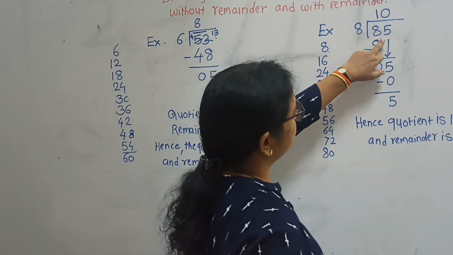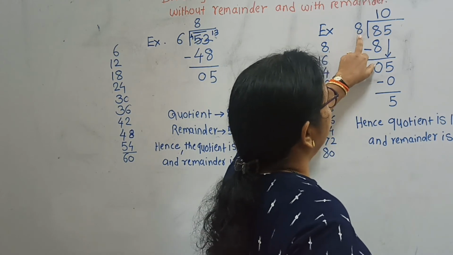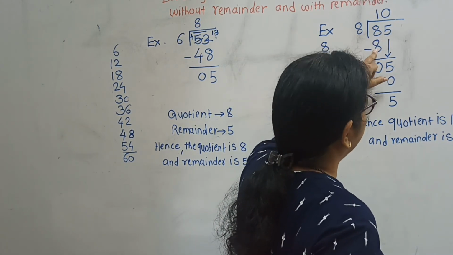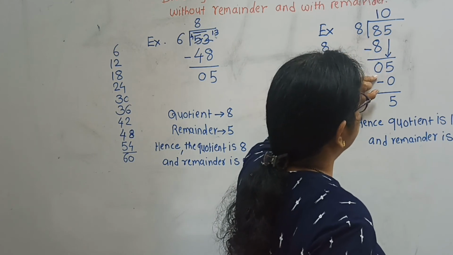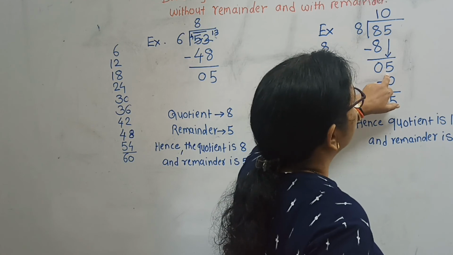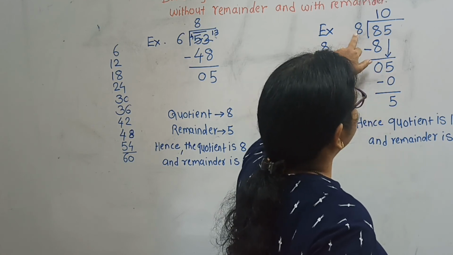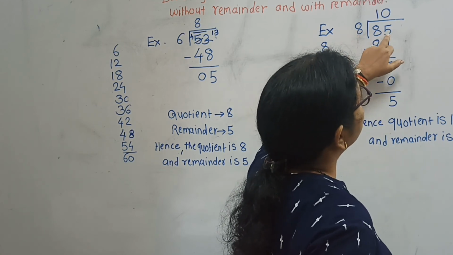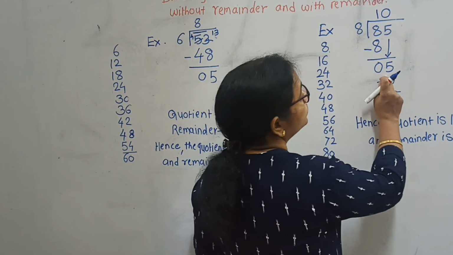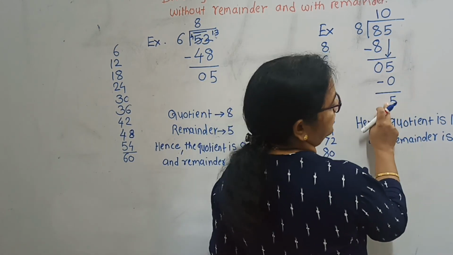See one more time, children. We divide the tens place first. 8 ones are 8. 8 minus 8 is 0. Then we take this 5 here. But 5 is smaller than 8. But here 5 is a part of the dividend, so we have to do this step.